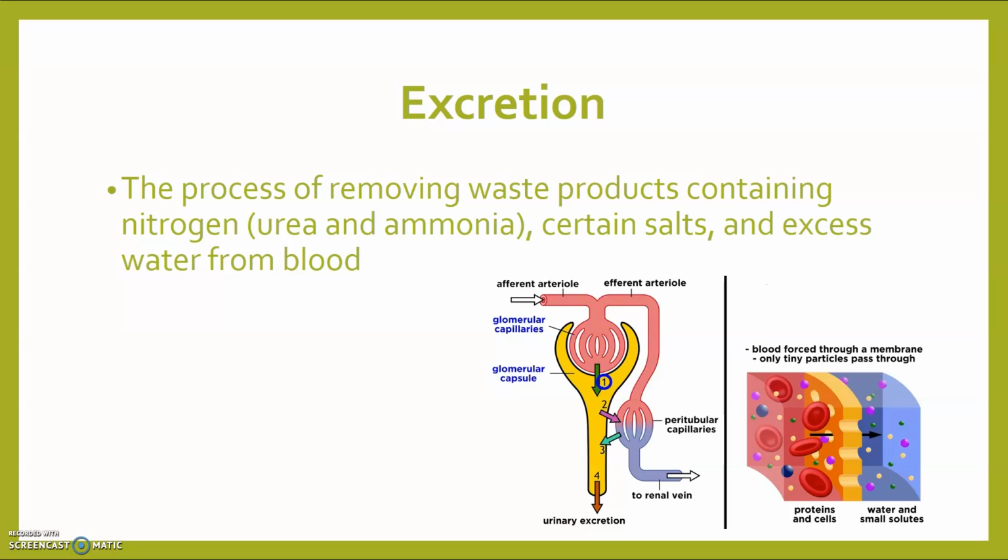Excretion is the process of removing waste products that contain nitrogenous waste such as urea and ammonia, which can become toxic in the body, certain salts like sodium and chloride, and excess water from the blood.